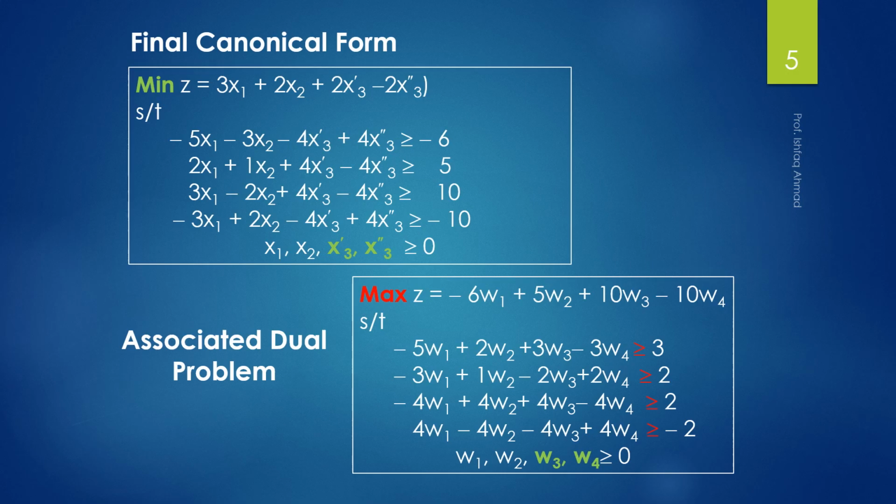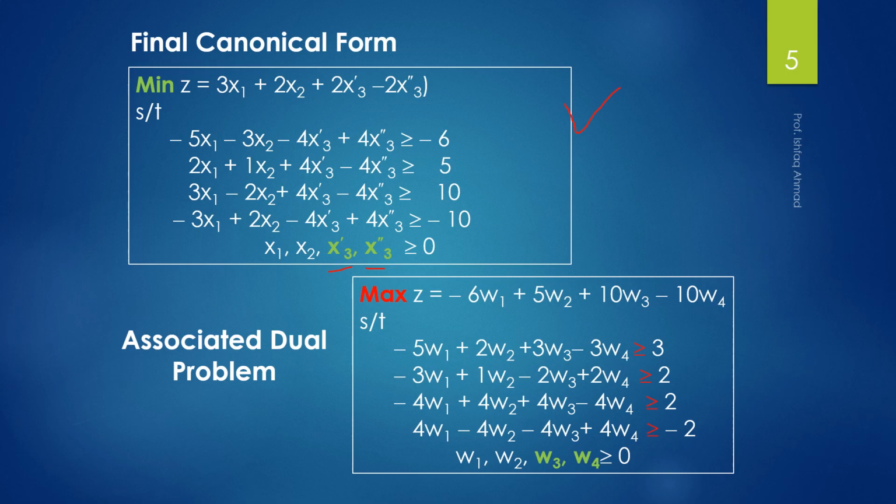So here is the final canonical form from the previous slide, and here x3 dash and x3 double dash are also positive.